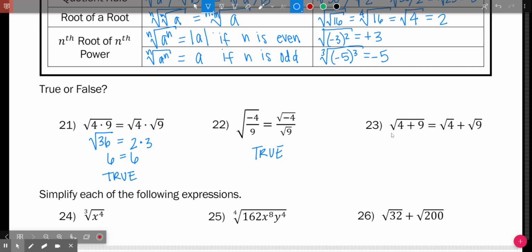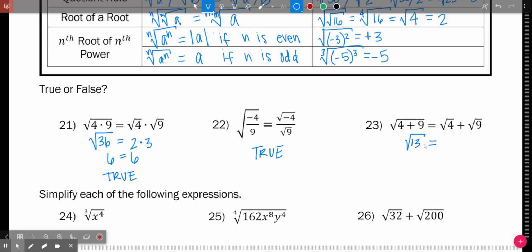In number 23, we have the square root of 4 plus 9 is equal to the square root of 4 plus the square root of 9. Well, if you look at it from a proof perspective, 4 plus 9 is 13, so I have the square root of 13.